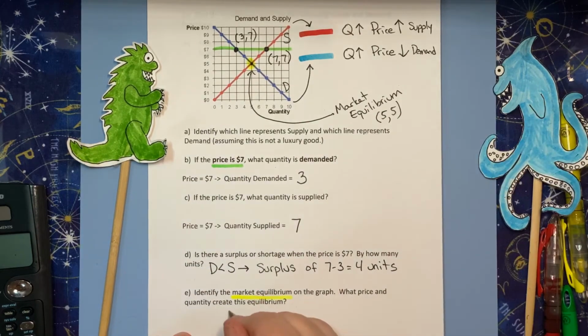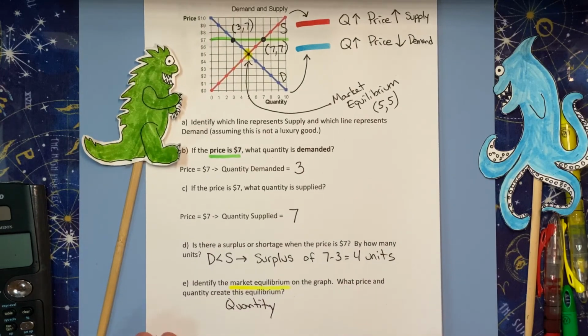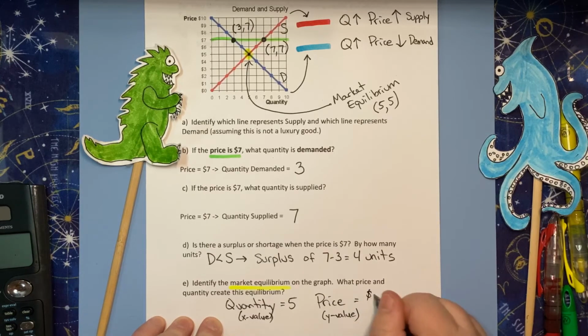So the quantity, which is basically the x value, is 5, and the price, which is effectively the y value, is $5.